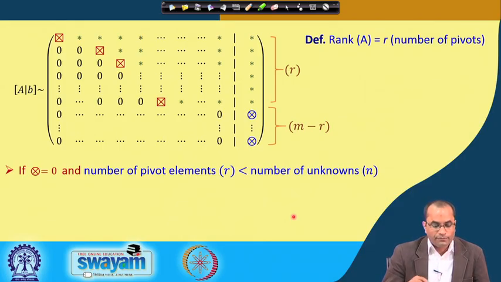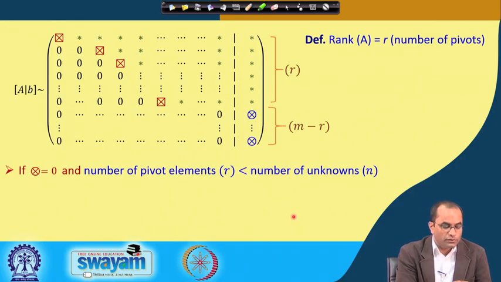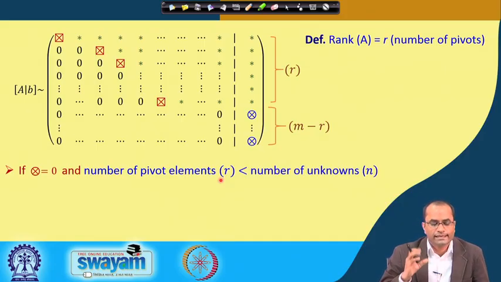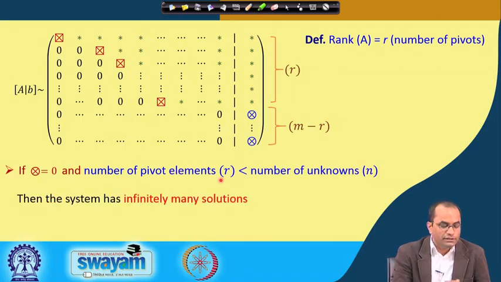Now coming to the other possibility: if this is 0, meaning we have consistency, and the number of pivot elements is less than the number of unknowns. In this case the system will have infinitely many solutions, and there we will introduce the concept of free variables and dependent variables, and then we can get the solution as well.